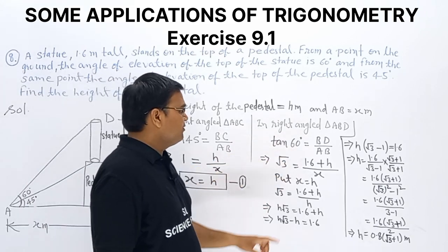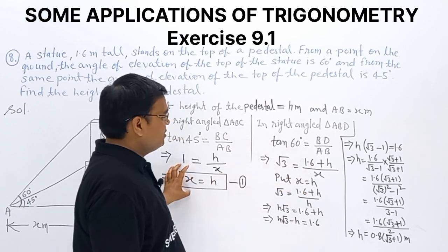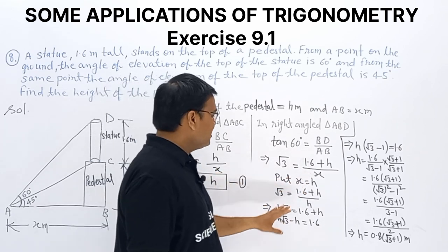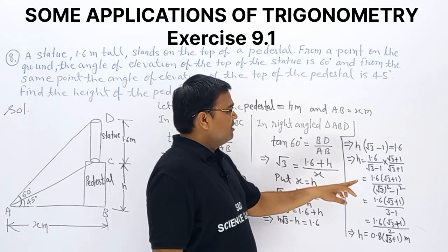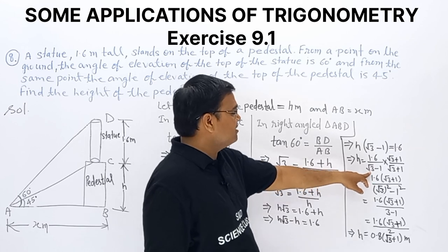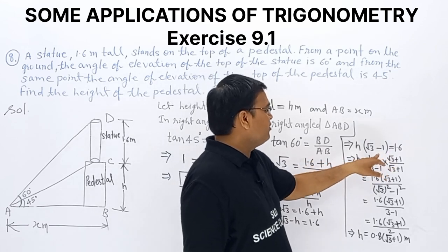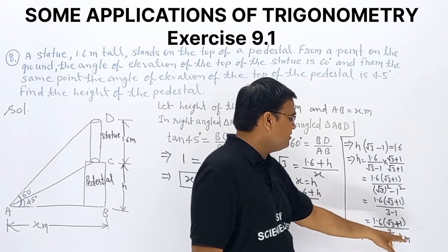In this one we put x equal to h, because we obtained it in equation number 1, and just putting it, we get a one variable equation, and after solving we get this value. Then in the denominator we have a radical sign, so we multiply numerator and denominator by its conjugate, and solving we finally get this one.